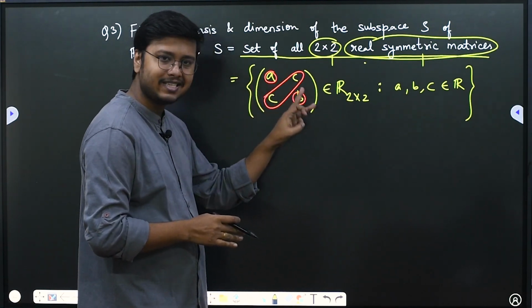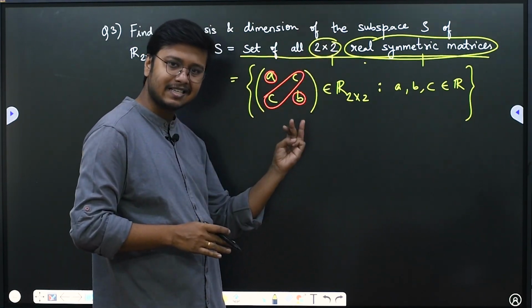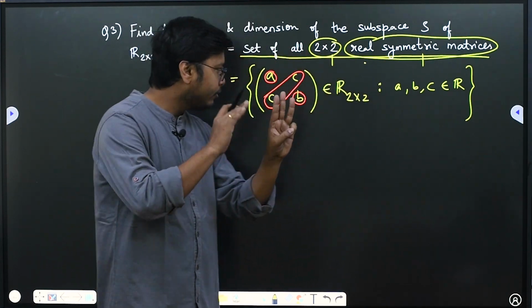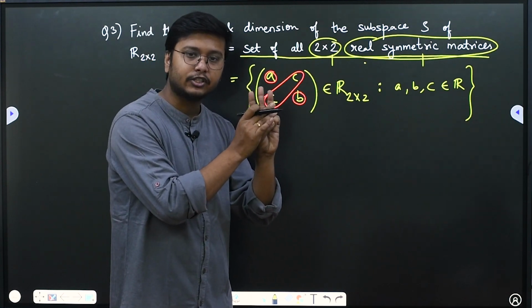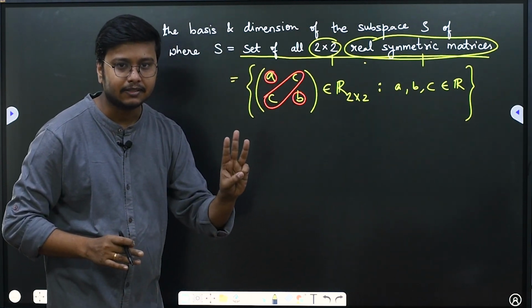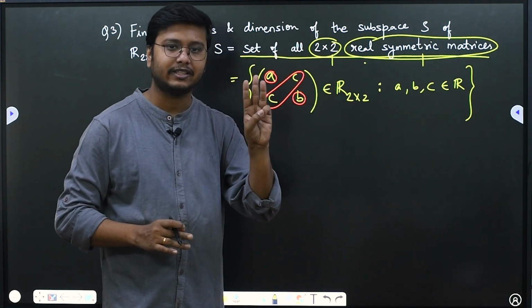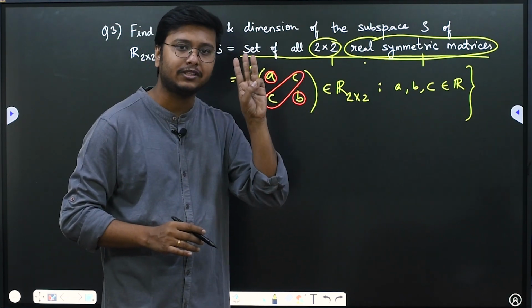Instead of taking A, B, C, D, I have taken A, B, C and C in the cross diagonal, so after reduction there are 3 variables. That means the basis is going to contain 3 elements and its dimension is going to be 3.